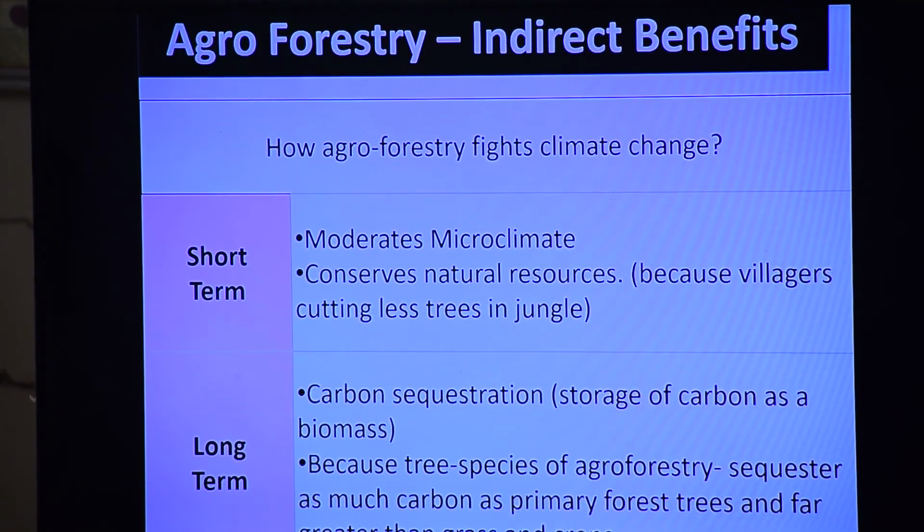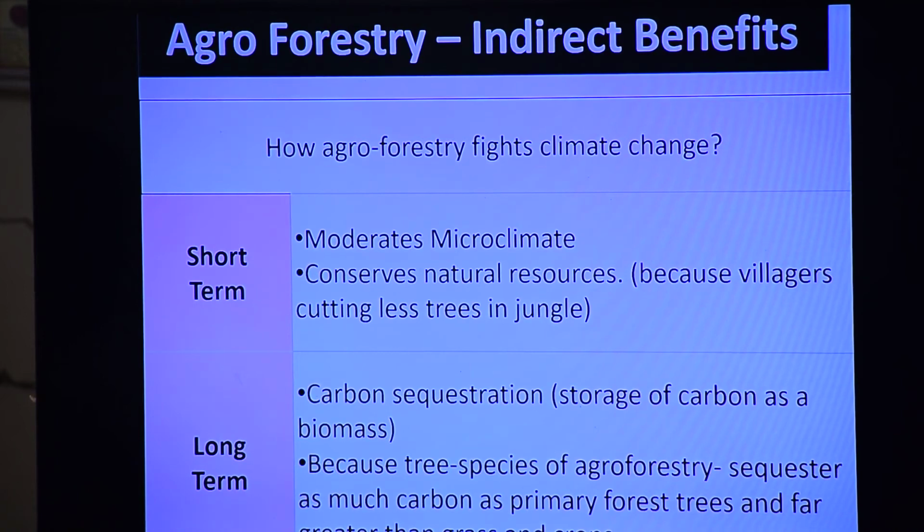If you look at it in the long term, slowly it will start doing what? If the trees are there, they help in what? Carbon sequestration. It will keep absorbing carbon. A large area will be covered. It means it will help in what? Mitigating climate change impact. Yes or no? Mitigating climate change impact.